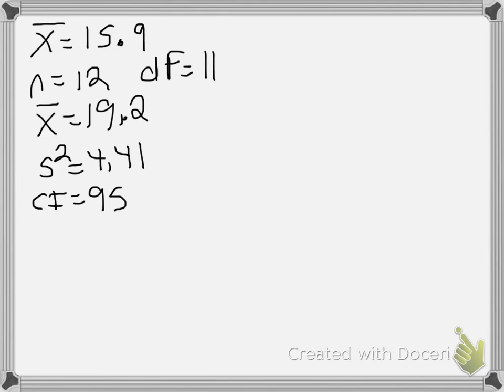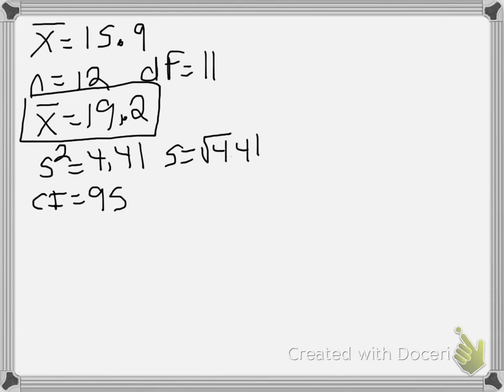Well, we are going to use the second average because that's the average of the sample. And be careful. Now remember, it said variance. Because it said variance, I wrote down S squared. I need S, so I'm going to need to take the square root of 4.41 somewhere. So you've got to read what you're given. If it says variance, make sure you take the square root of it.